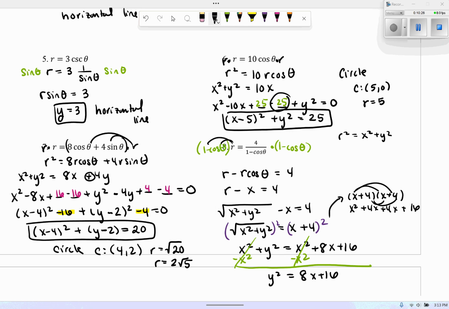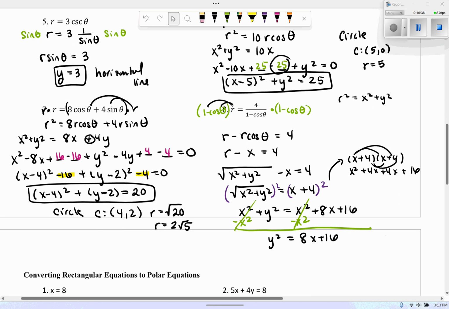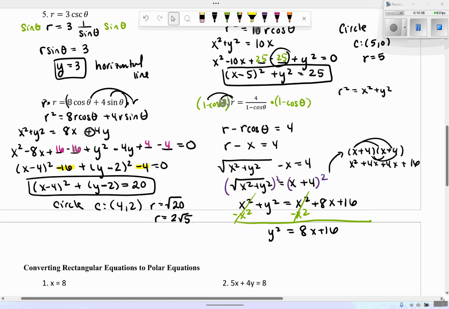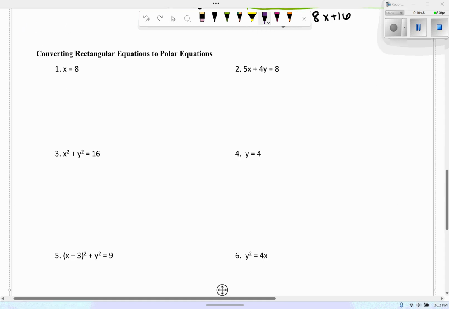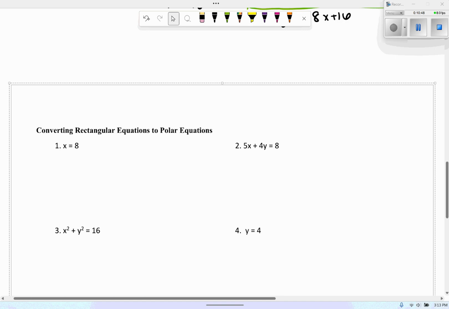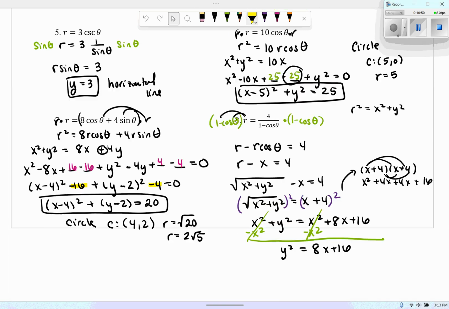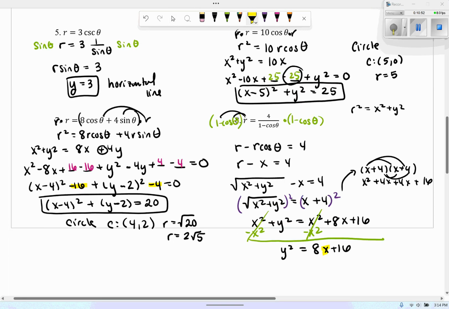This tells me that I have the equation for a parabola, because notice that you only have one quadratic term here. And this is actually a parabola that's going to open, it looks like, to the right. So it means we're going to solve for x.